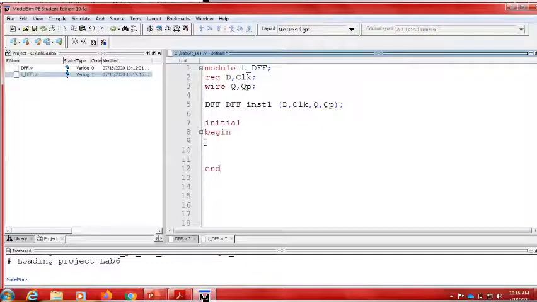In this initial block I am using, first of all, clock equals 0, or you can say 1'b0, and then I am using the forever primitive: forever #10 clock is equal to not clock.